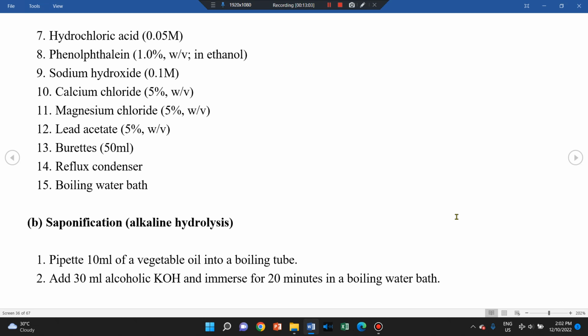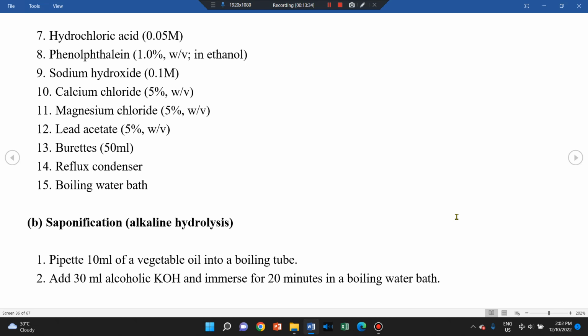Right. Let's start with the saponification, or it's called alkaline hydrolysis. Basically, if you have in the olive oil or palm oil, triacylglyceride to be the majority component, you are trying to cleave it out and release its fatty acid, and also to attach the fatty acid with sodium.